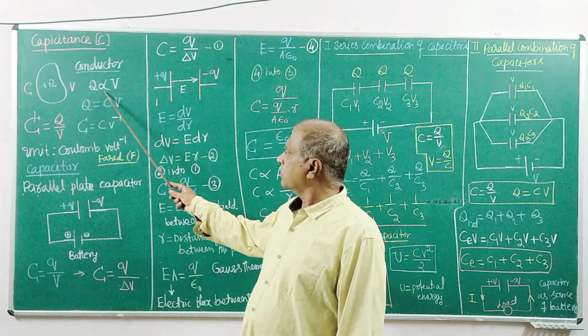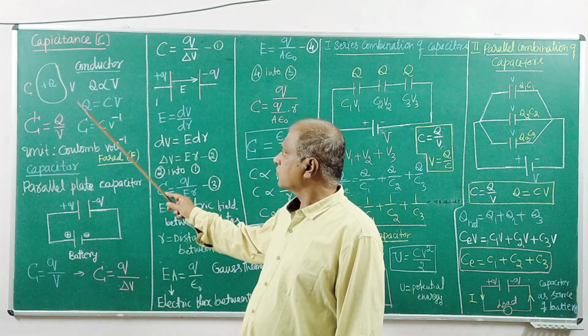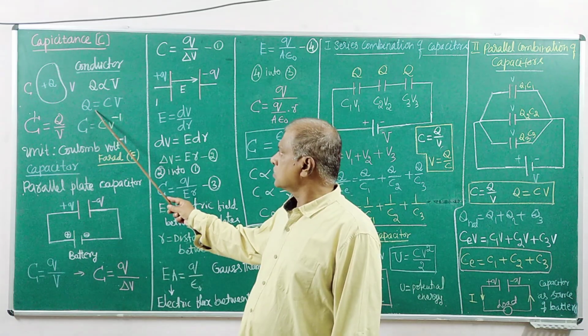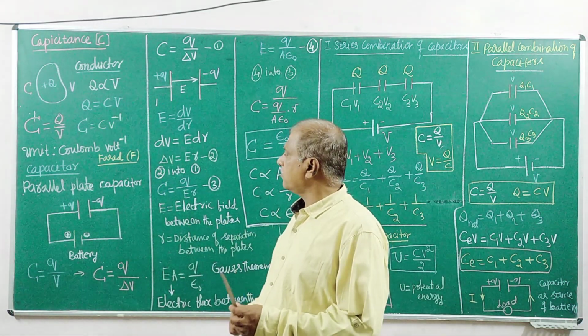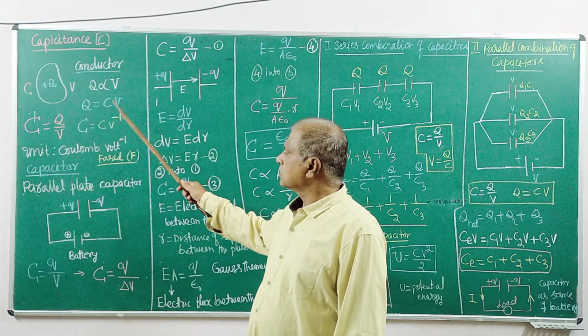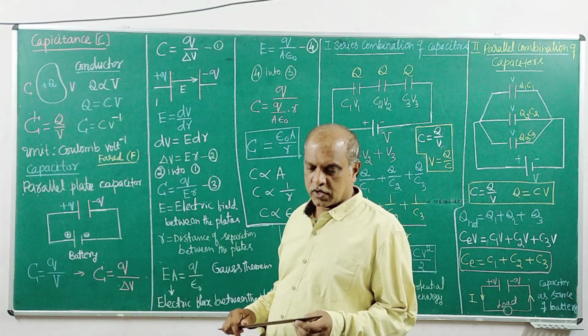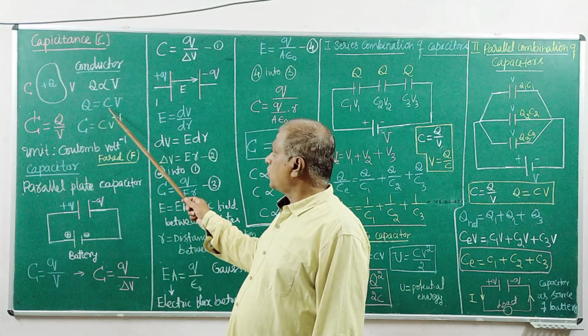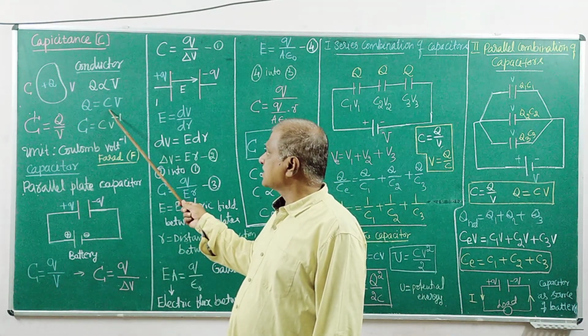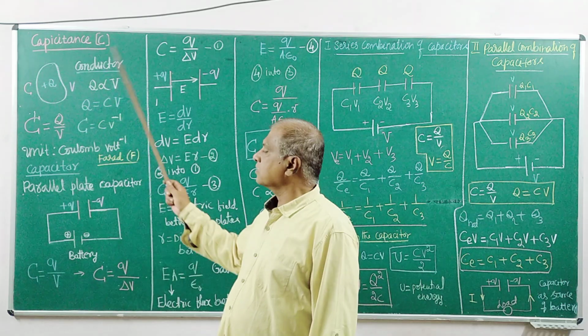This mathematical equation we can rewrite as Q equals C into V, where C stands for constant, the proportionality constant. This proportionality constant is called the capacitance of this conductor.